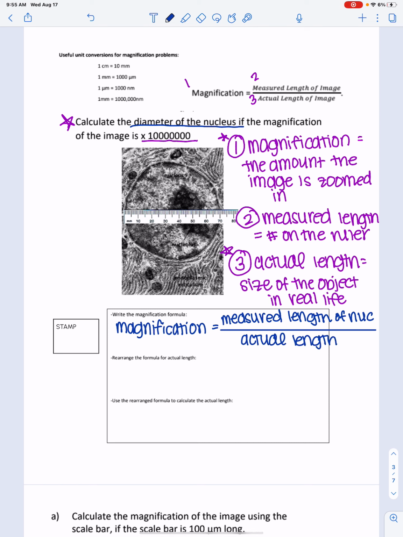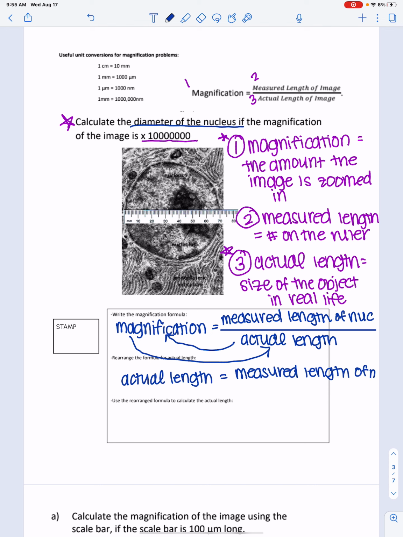Now, since we're trying to find the actual length, we're going to have to rearrange this formula. We're going to multiply this side by actual length, and we're going to divide by magnification, which is going to give us the actual length is equal to the measured length of the nuke divided by our magnification.